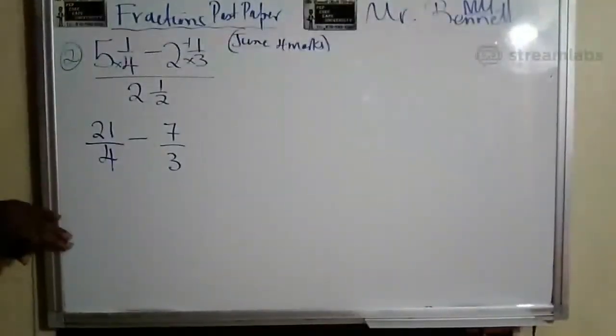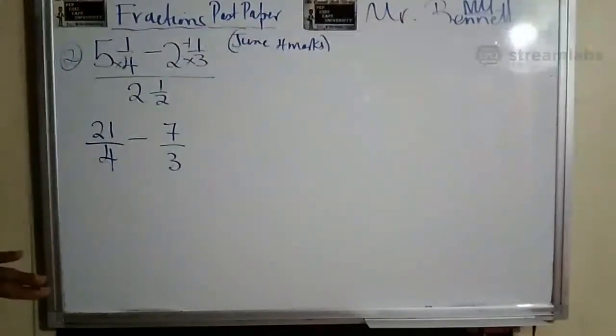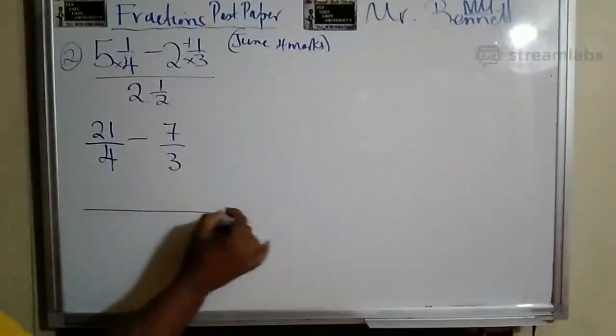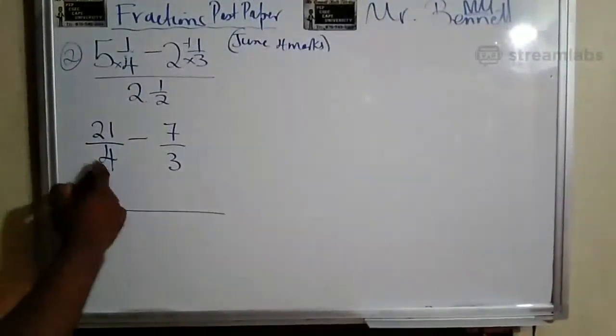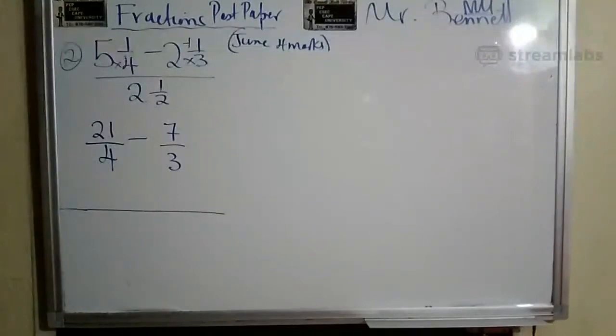Remember, we're working the top first. Once it's addition or subtraction, we must bring them to a common denominator. So what's the lowest number that 4 and 3 can go into? And by the way, guys, it doesn't have to be the lowest common multiple. It can be any multiple. Alright? But it's easier when it's the lowest one.